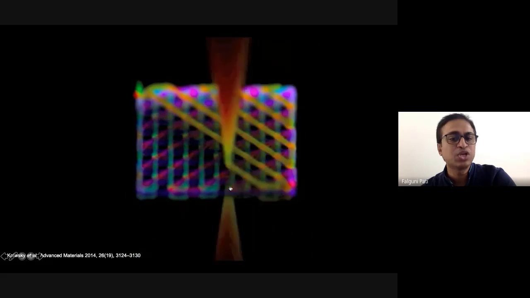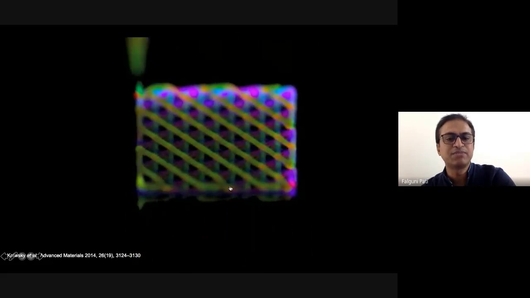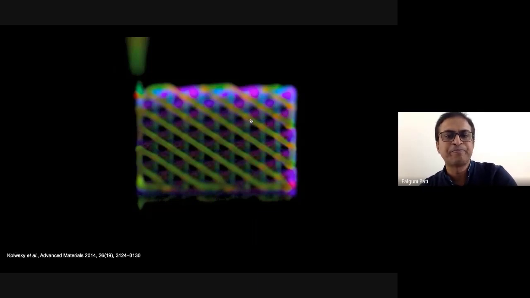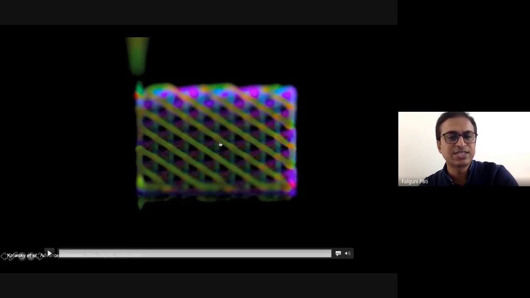I'll come to that. The porous structure is actually important because in many tissue constructs, the cells will be loaded inside the structure, inside these lines. The cells need oxygen and nutrition for their survival, and this structure will be cultured in a media.